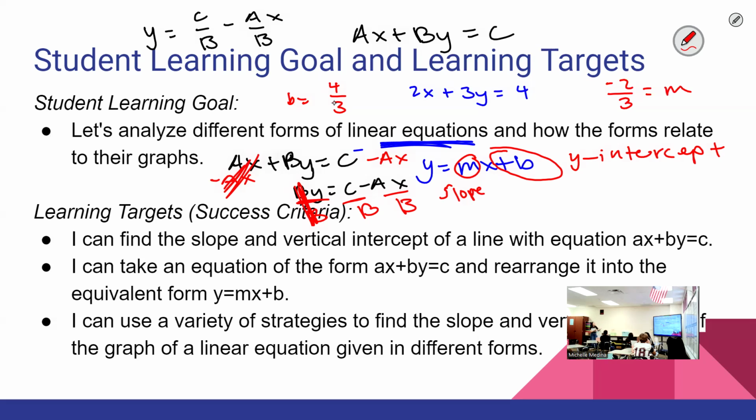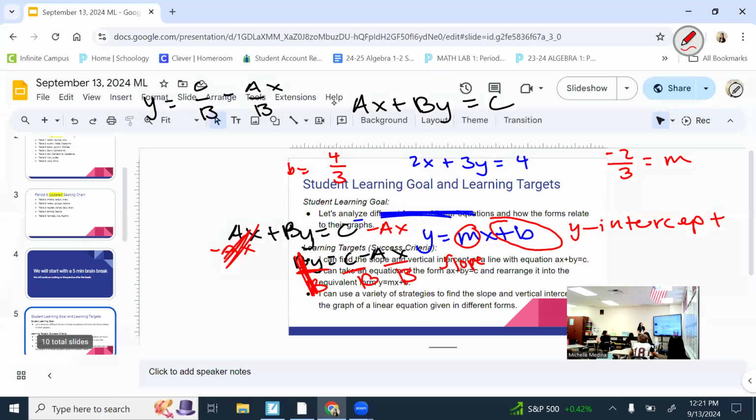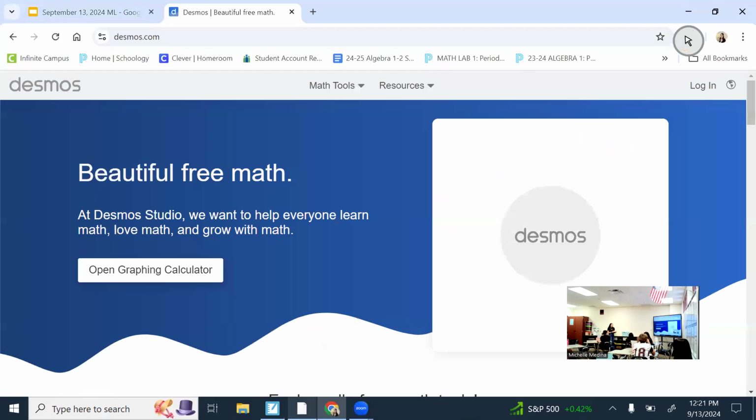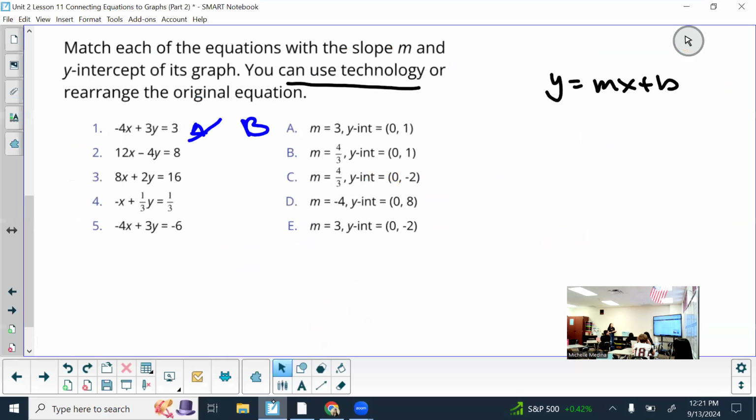So we also just barely at the end got to touch on the technology part of it. So I'll come back to this. We didn't really get to do the matching activity because there was a quiz. But if you were to try to use Desmos to help you identify the slope and y-intercept when it's given to you in standard form, like these were, all you have to do is type it exactly how it looks.